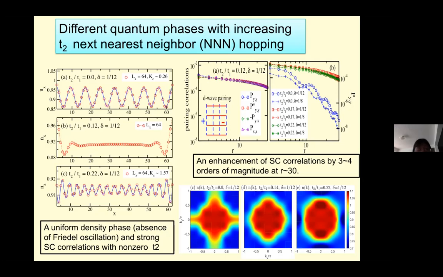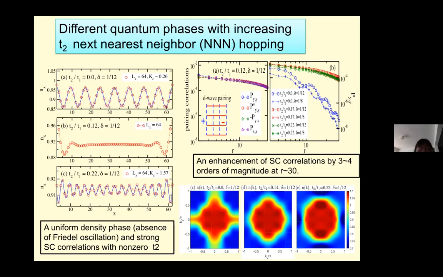Yeah, so the phase shift, I haven't done that kind of measurement. I can check. The bottom one has very small amplitude, so it's not a strong stripe.